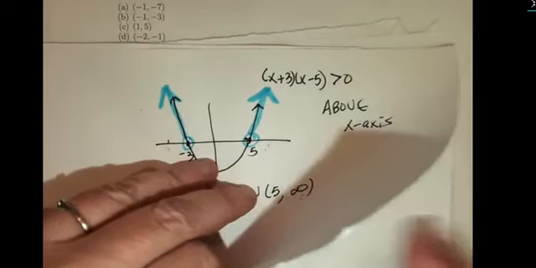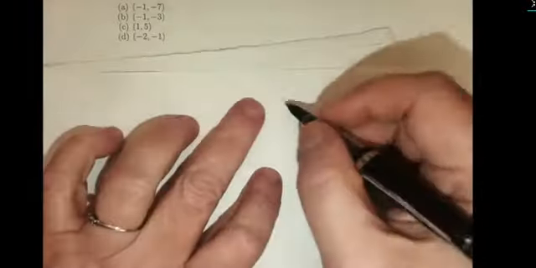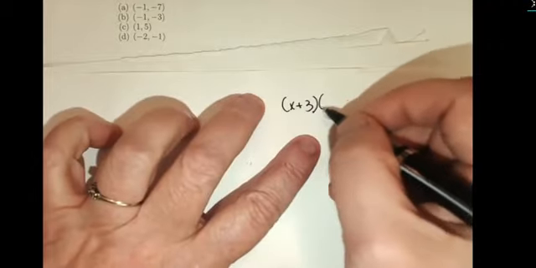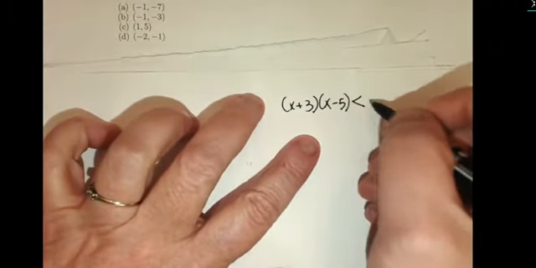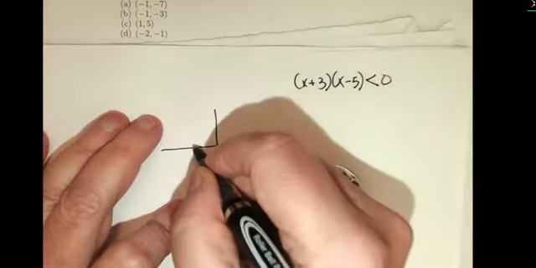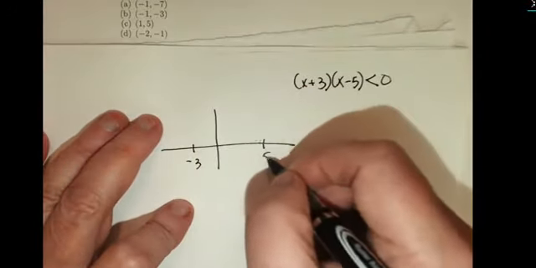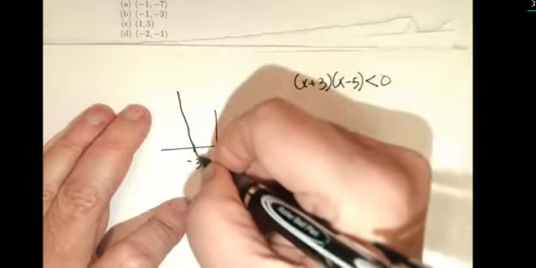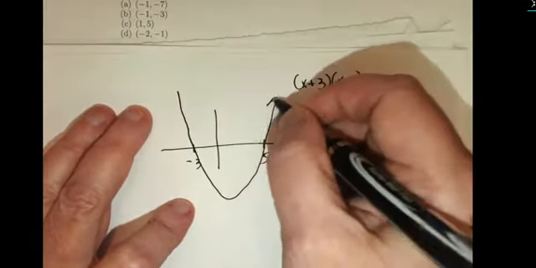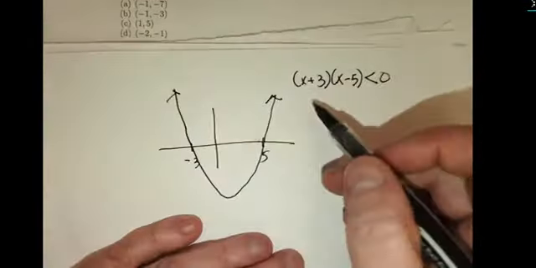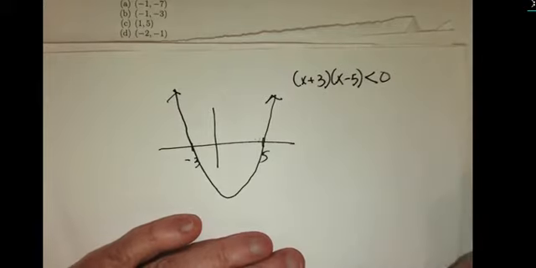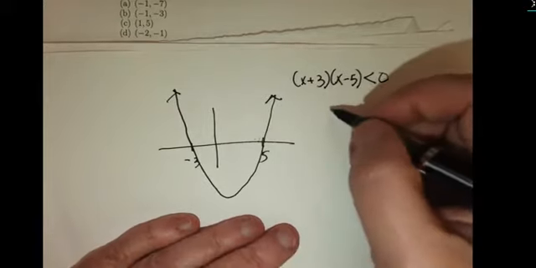Now, what if the question had been, when does this happen? We'd have the same picture. Same picture. But the answer to this is you're being asked, where is the graph strictly below?